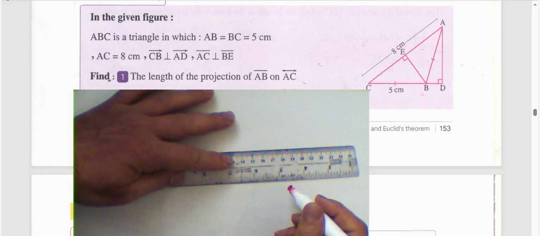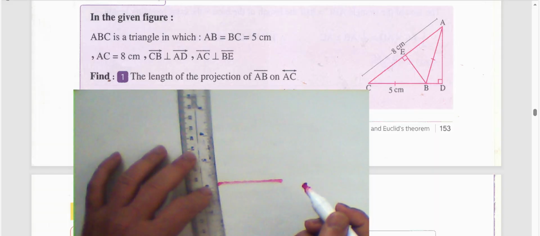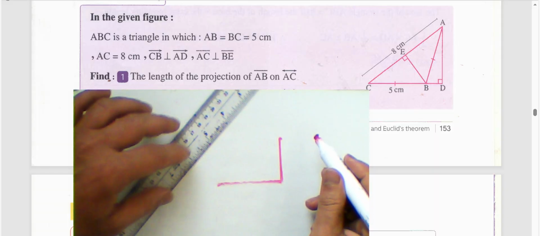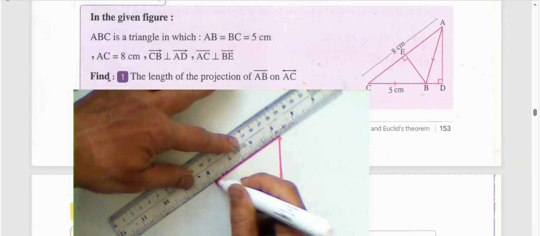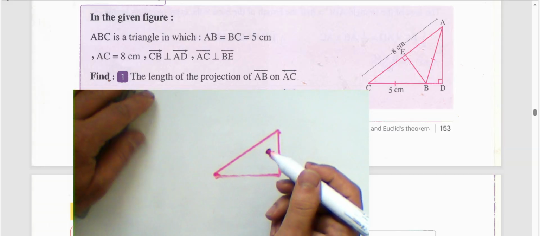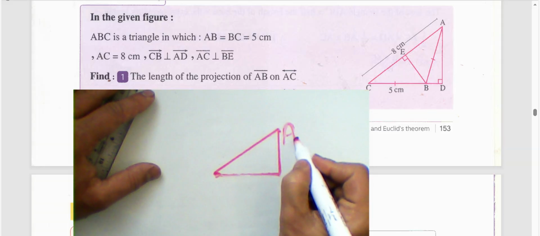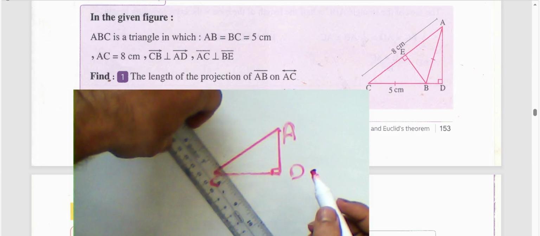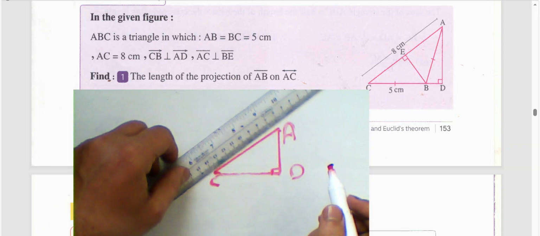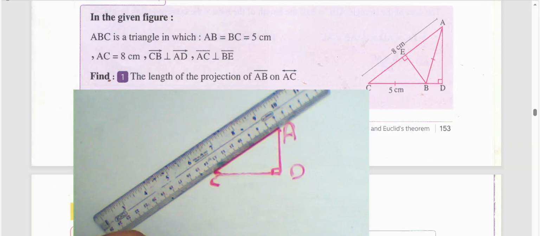We have a right angle triangle with points A, D, and C, and you want to find the projection of AB on AC. Put the straight line on AC and find the projection of AB.